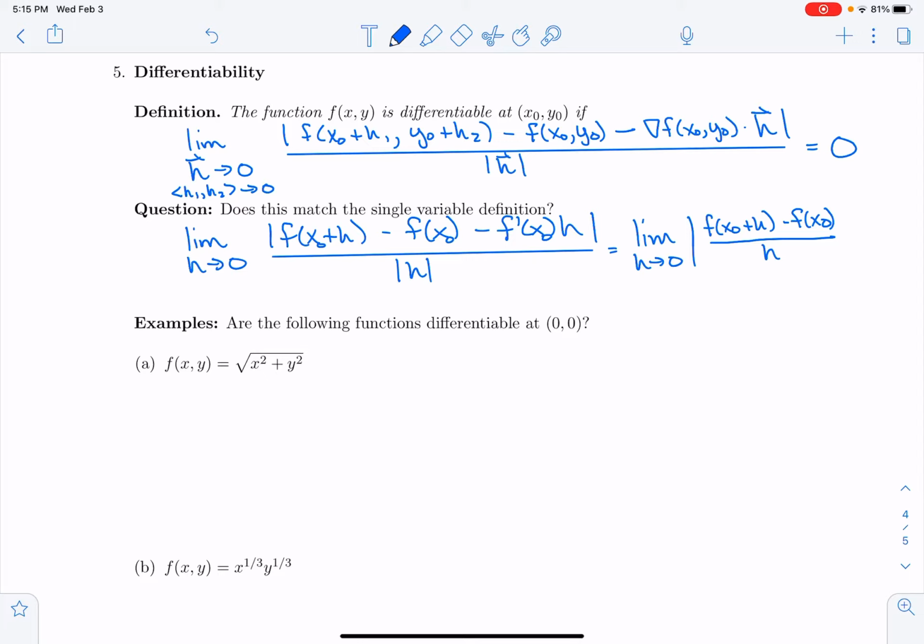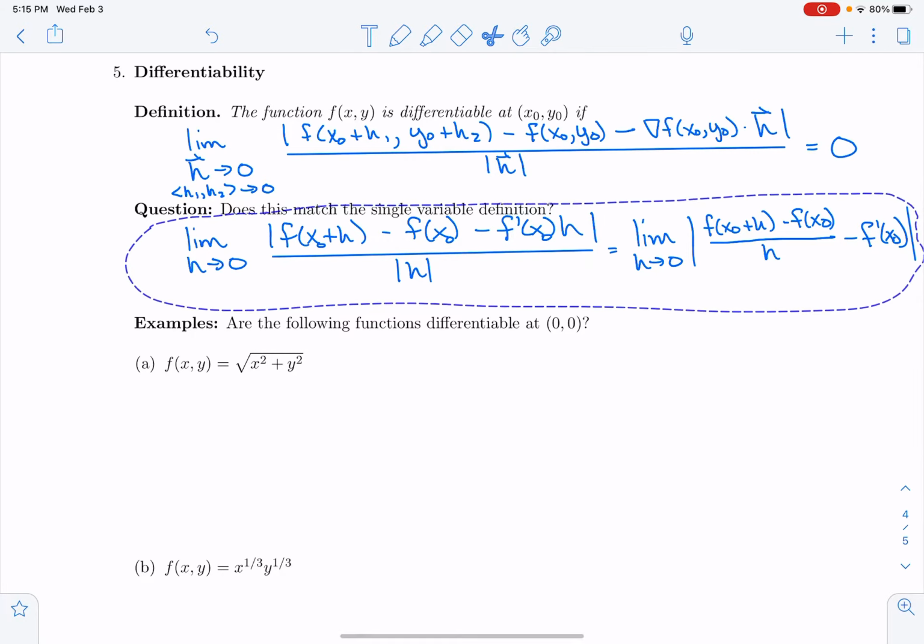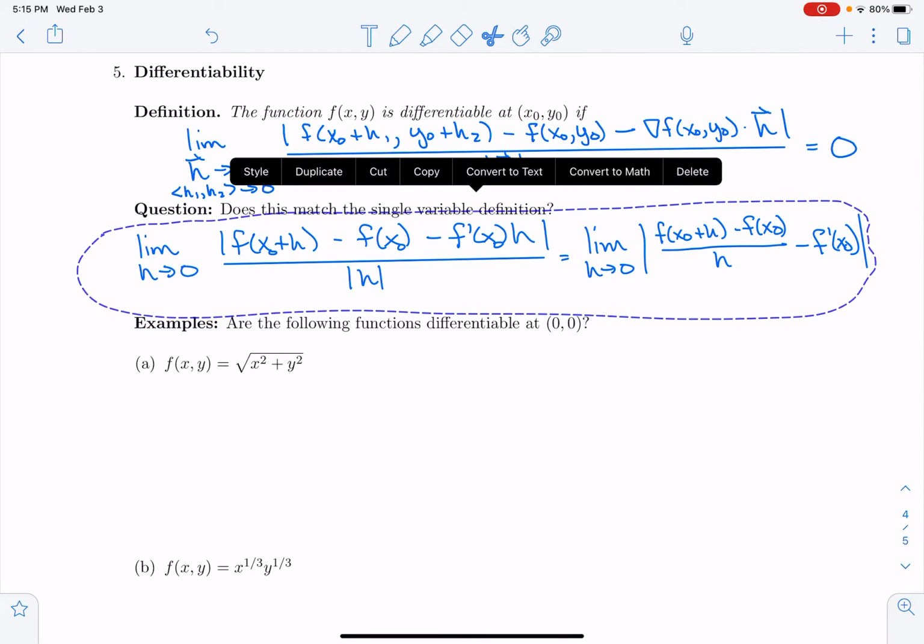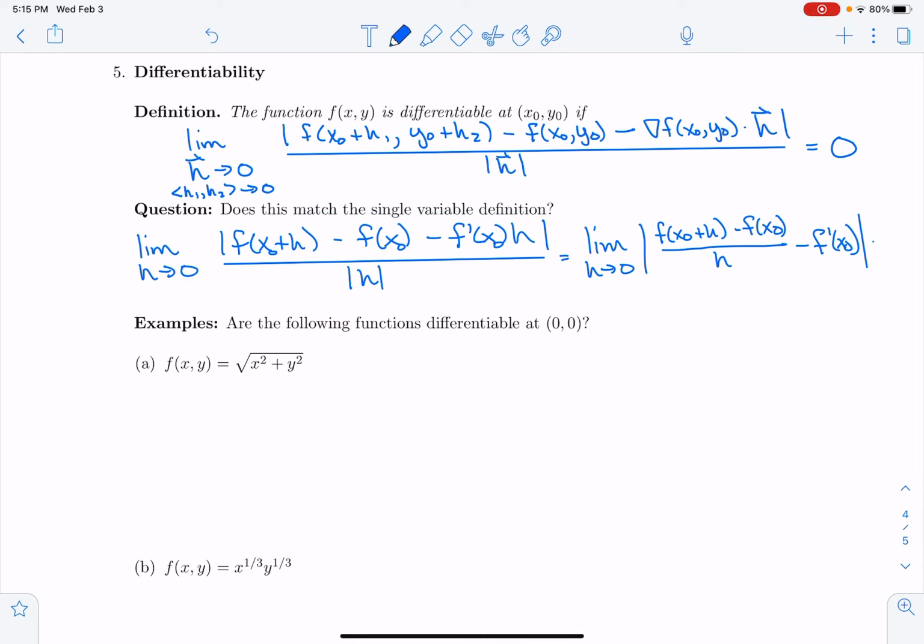And then when I divide f prime of x0 times h by h, I just get minus f prime of x0. So I'm looking at this single variable definition, and I'm saying now, if this limit is 0, the derivative exists.